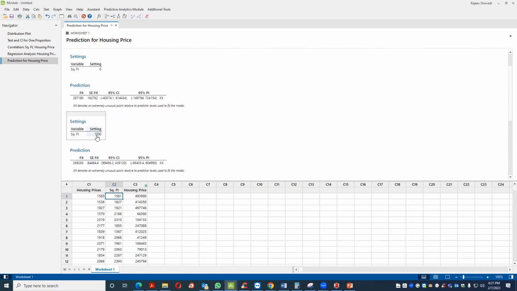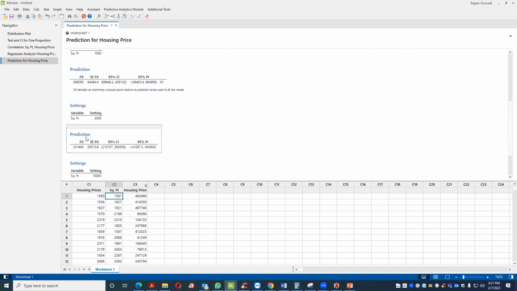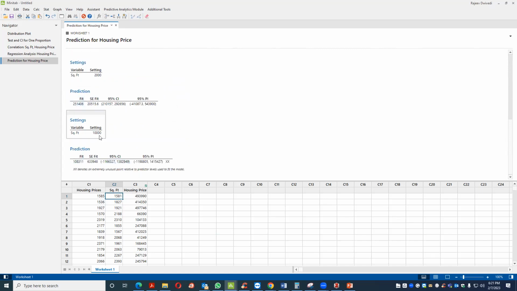If you have a bigger size of house, the price of the house is reducing. If you have 2,000, the price is, and for a 10,000 square feet house, you are just going to pay how much? About $100,000. That means this model is not good, means our data is not good.